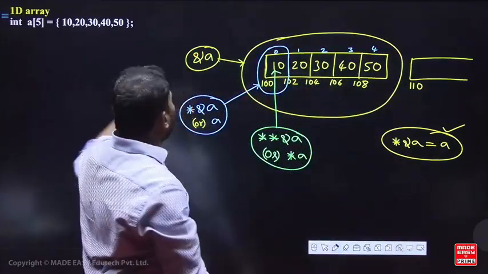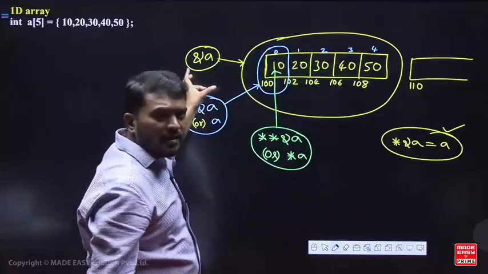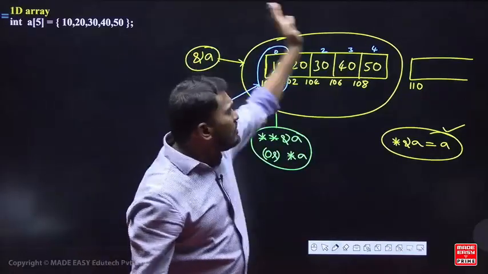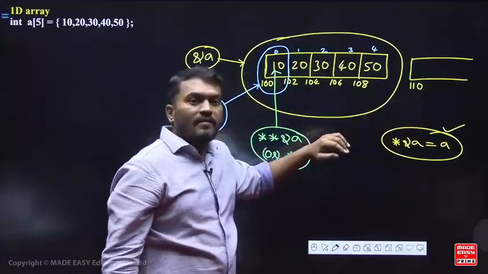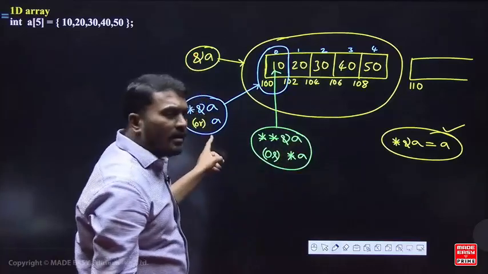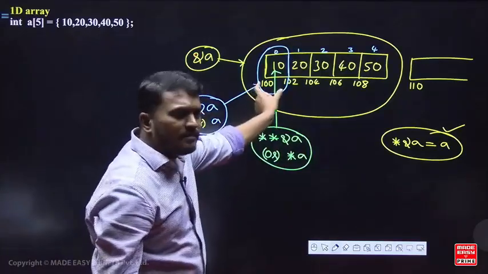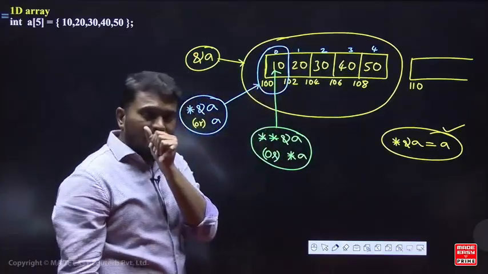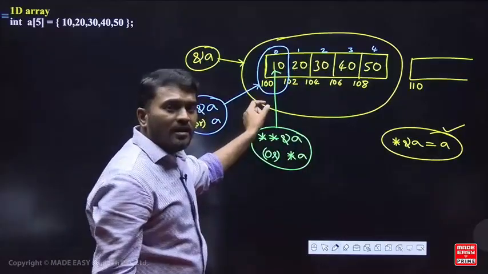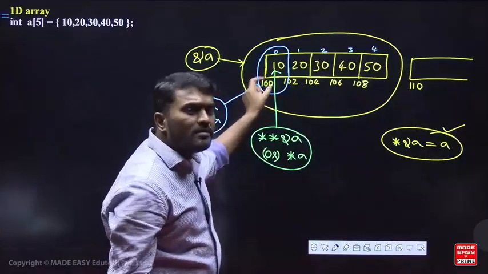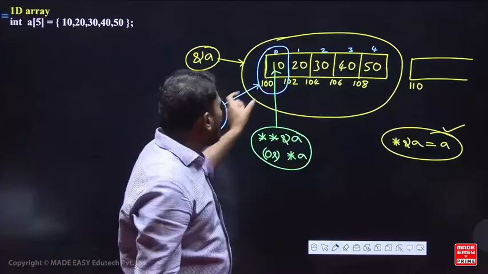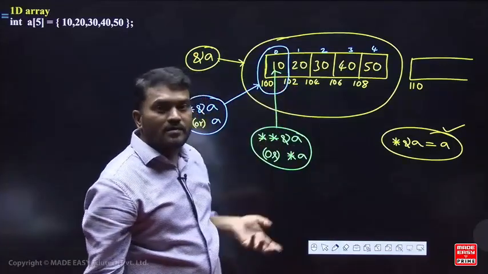What is the 1D array size here? 10 bytes. If I say a plus 1, because it is pointing to an element, it will jump according to the element size. The element size was 2 bytes, so that becomes 102.